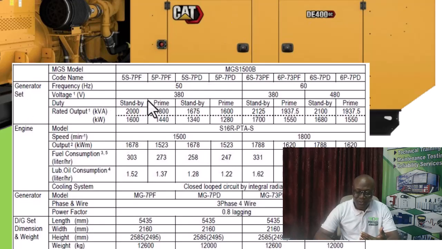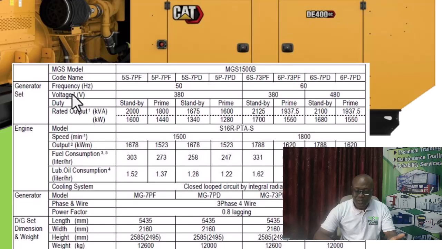This is the generator set, which is the electrical part. Then we have the engine, which is this. They are in this soundproofing box or container. So here you see the frequency rating, 50 or 60 hertz. The one that matches your system is what you select.